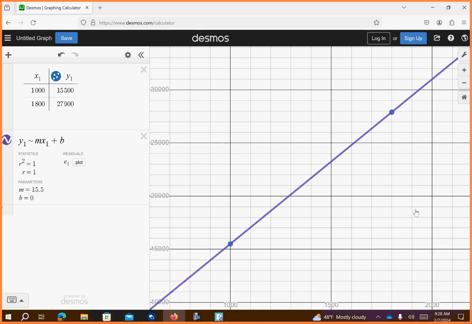So our actual linear equation is y equals 15.5x plus 0, where 0 is our y-intercept. Don't worry about the residual values or the R correlation values or anything like that. That's all we're doing. So that's pretty simple. That becomes the equation for that very first example.